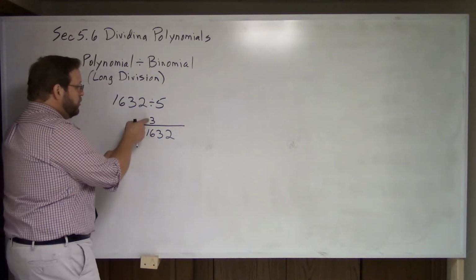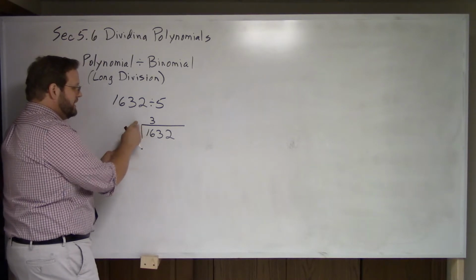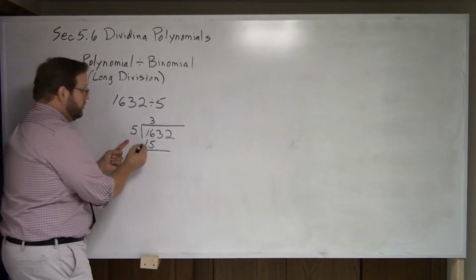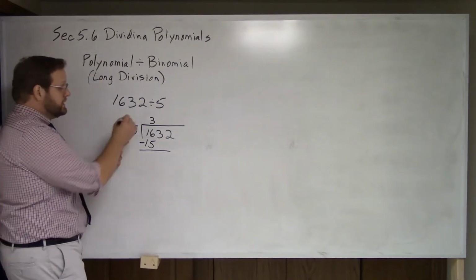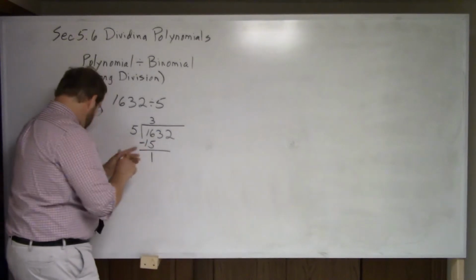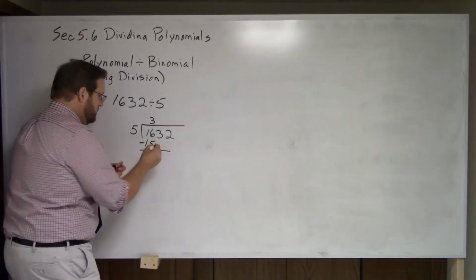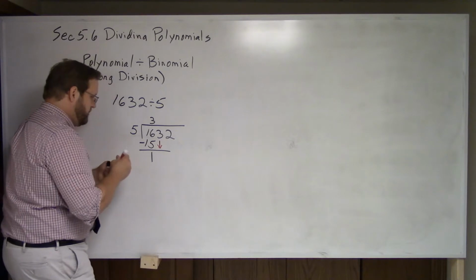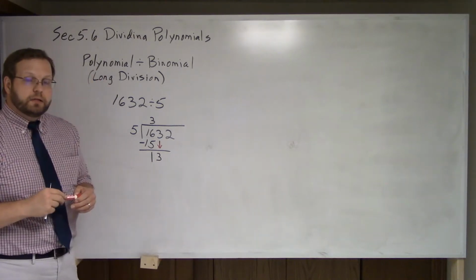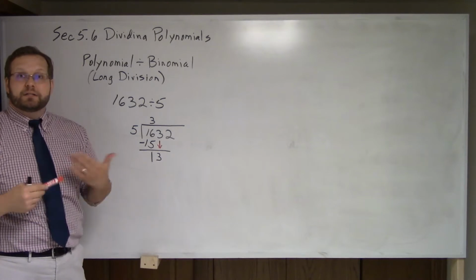So 5 goes into 16 3 times. Then we multiplied, 3 times 5 is 15. We subtract. 16 minus 15 is 1. Then we carry down that 3. That's one cycle. Then we just keep doing it again and again as long as we need.